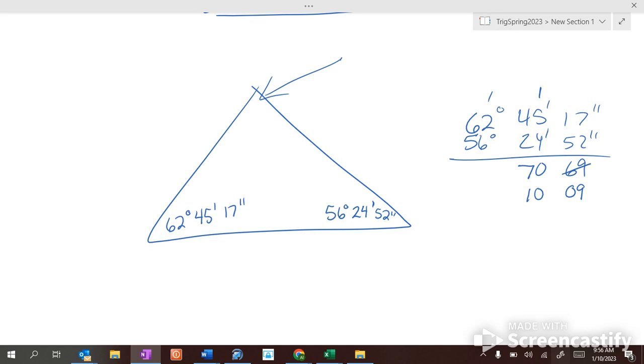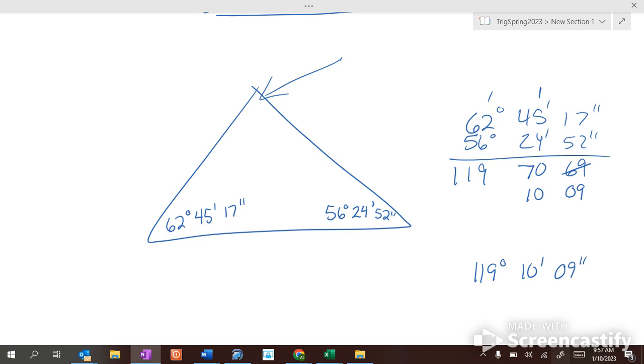I'm kidding. 62 and 1 make 63. 63 and 56 is what, 119? So between those two, there's 119 degrees, 10 minutes, and 9 seconds.